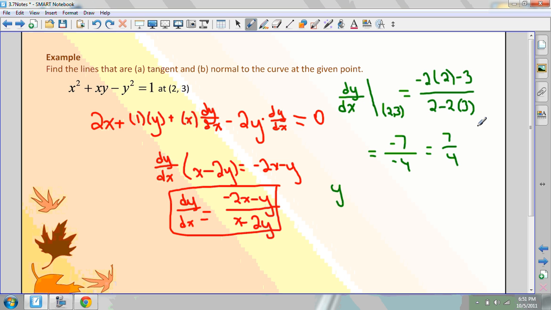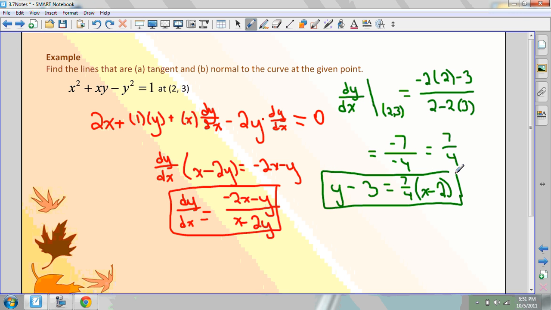It looks good. Let me know if there's a mistake anywhere. So I have y minus 3 equals 7/4 times x minus 2. And that is my tangent line.